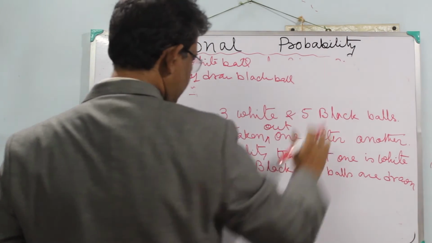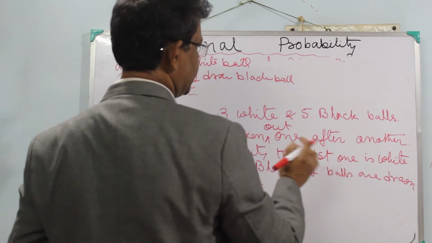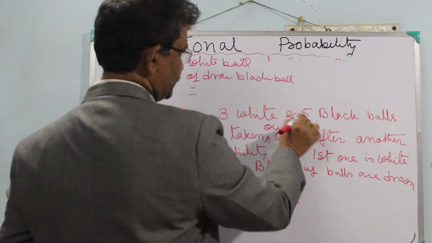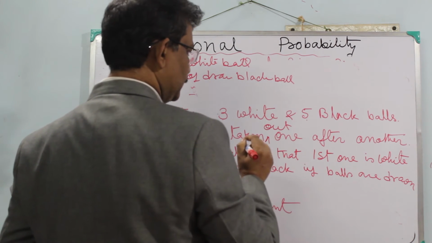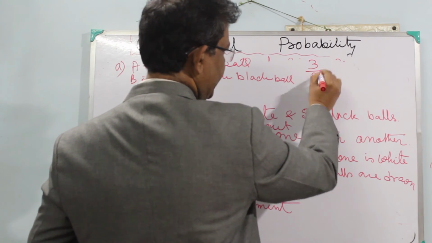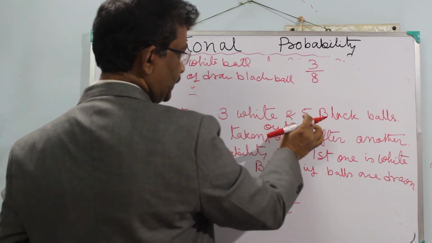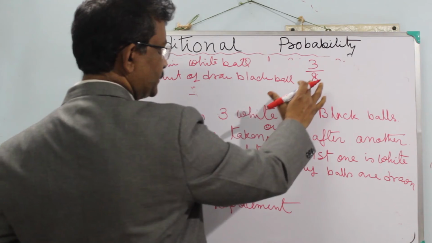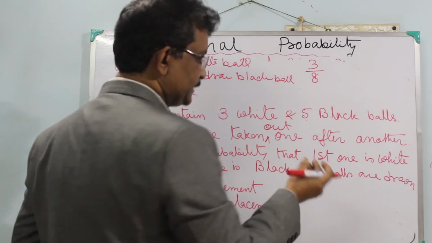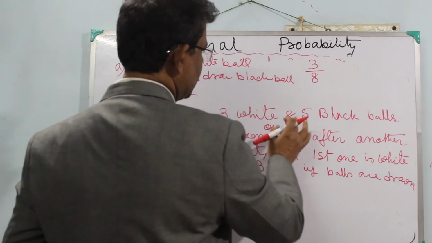So what is the probability that the first one is white? There is a total of 8 balls in the bag. So the probability of getting the first ball white is 3 by 8, because there are 3 white balls and 5 black balls, total number of balls is 8. Since it is replaced in the bag again, the number of balls remains 8.